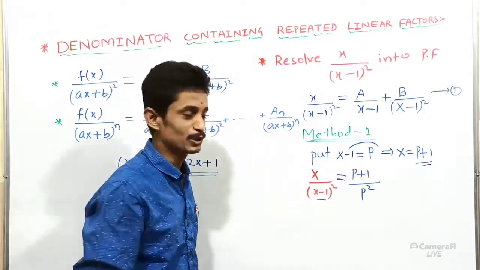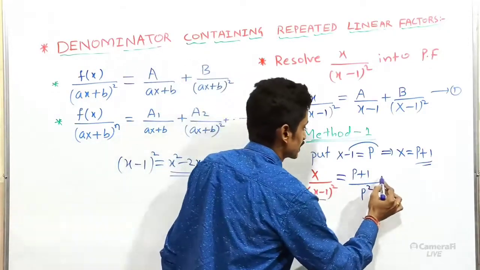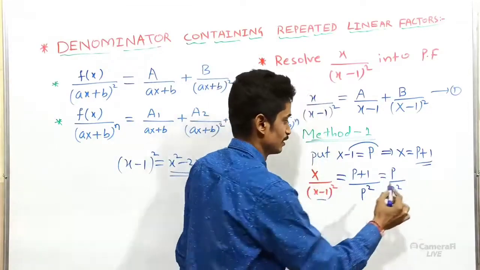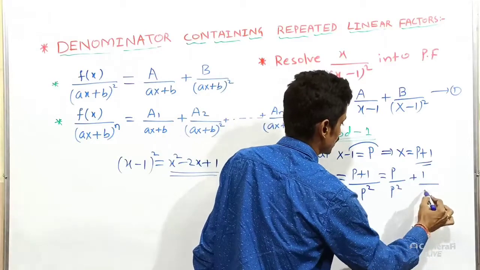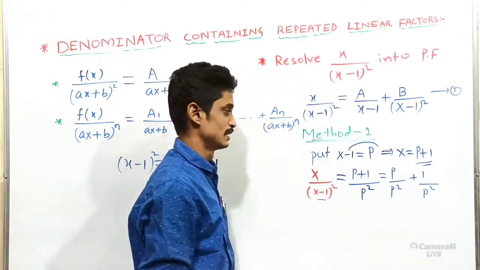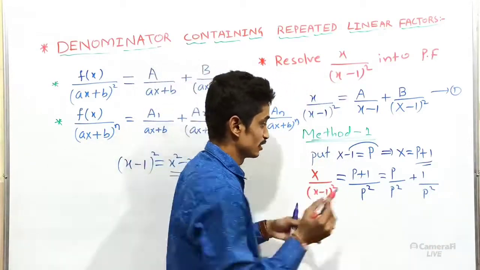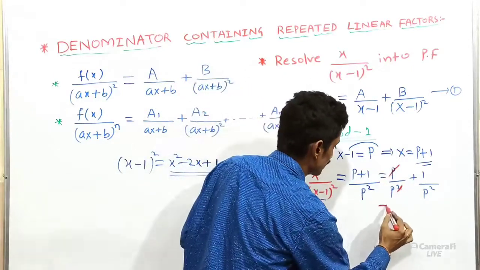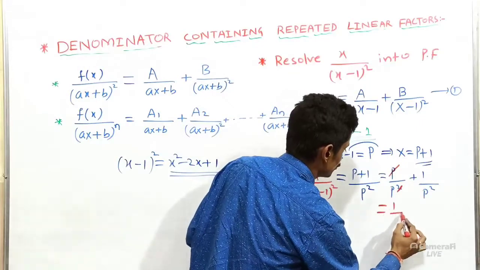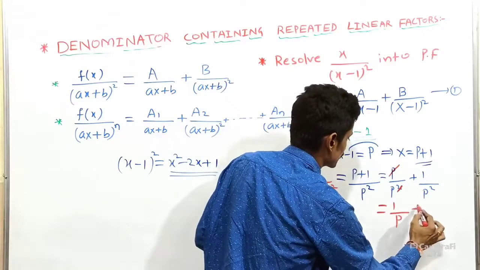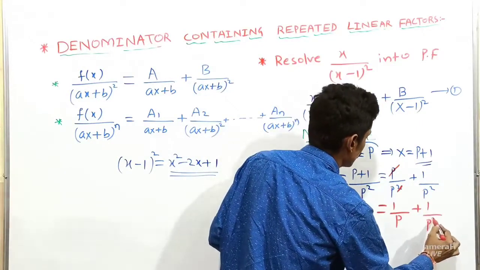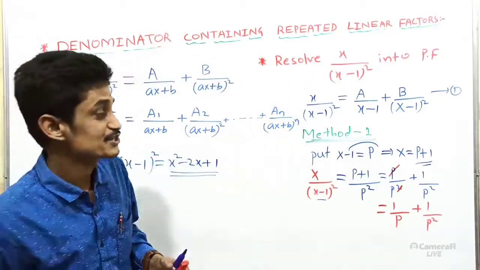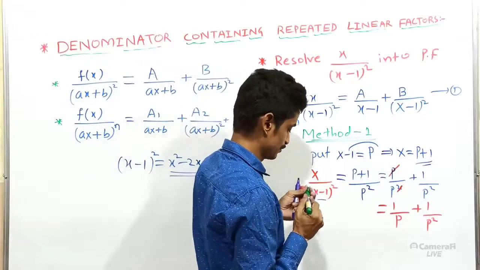Further calculation, just separation, that is I will write p divided by p square plus 1 divided by p square. Now making cancel, here it is possible, here it is possible. Then what is left out? That is 1 divided by p plus 1 divided by p square. Over my result, what is the last step? Just replacing the value of p.